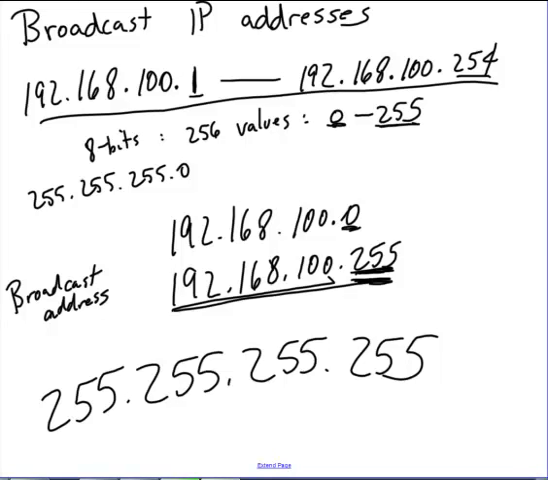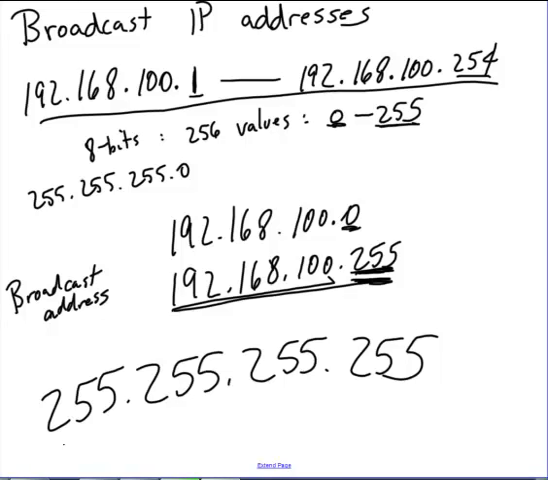So any machine that receives a packet sent to this broadcast address will assume that it is the destination. And again, it's a way that one machine can send a message to a lot of machines by only sending out a single packet. And all those machines, if they're listening in on the same Ethernet or wireless or whatever, are going to receive that packet as if it was intended for them.